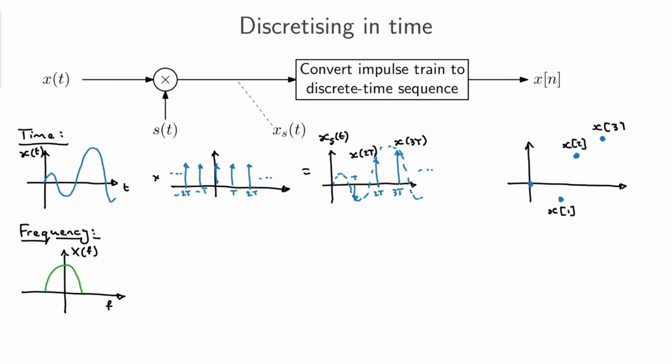These are just the strengths of those impulses at those different points in time. This is at n, and this is x[n]. So this little block converts impulse strengths into a list of numbers. And now I can load my list of numbers into Python and process it, and I'm very happy with life.